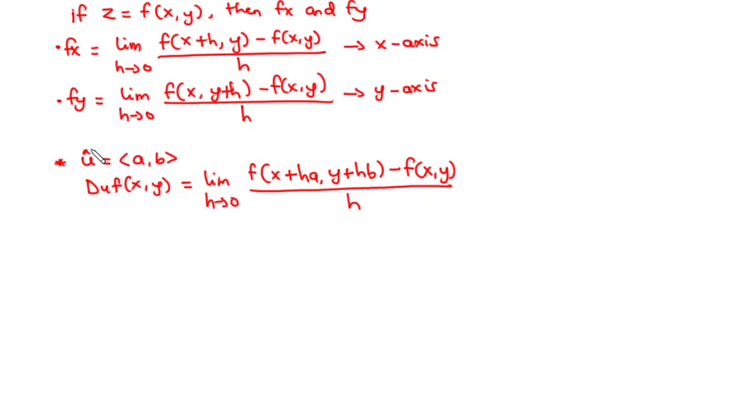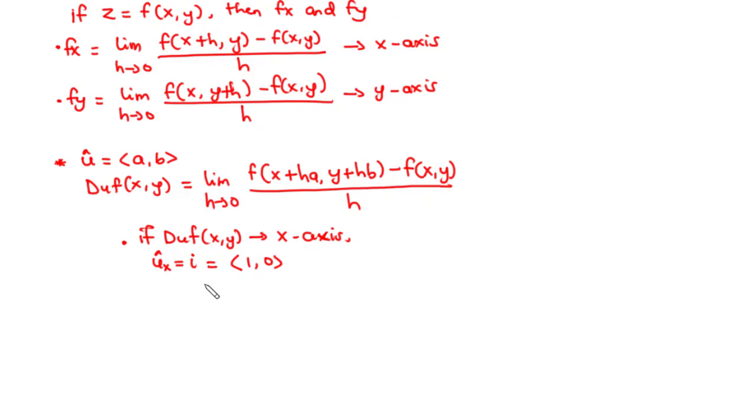Now notice that a and b here are basically the x and y components of the unit vector u cap. Now if the directional derivative is directed along the x-axis, where we have the unit vector u cap x equal to i, then in terms of components this is equal to 1, 0.